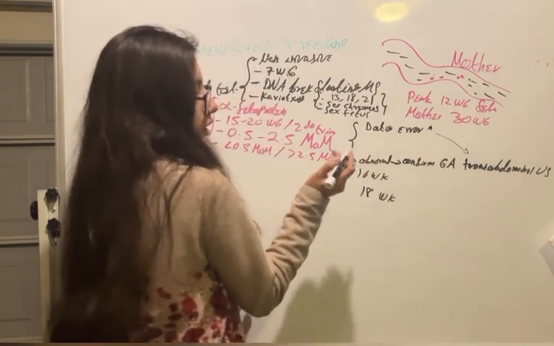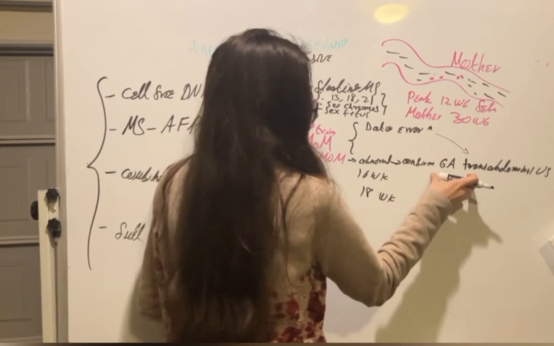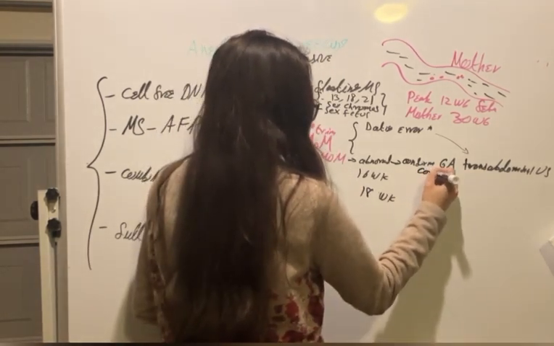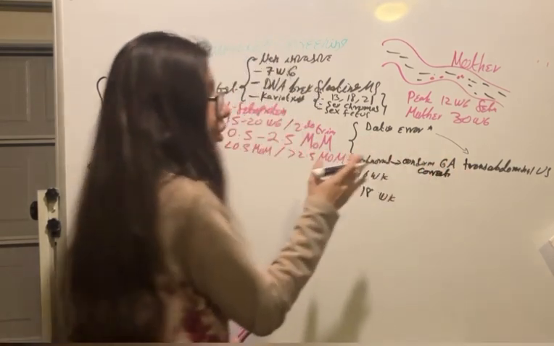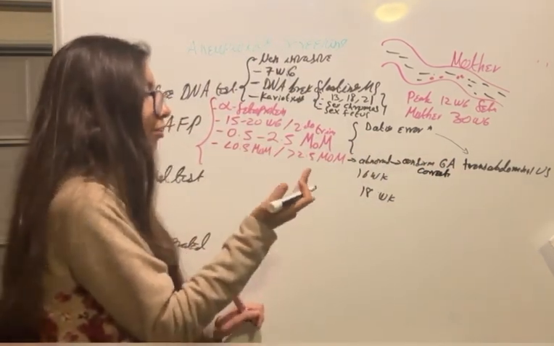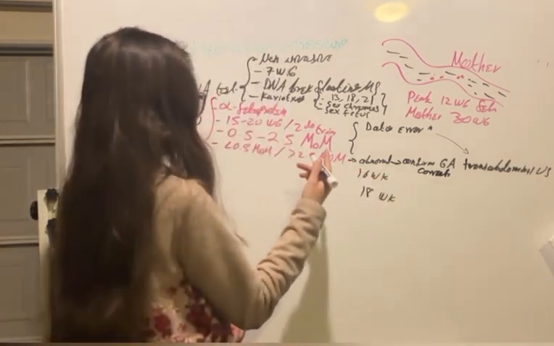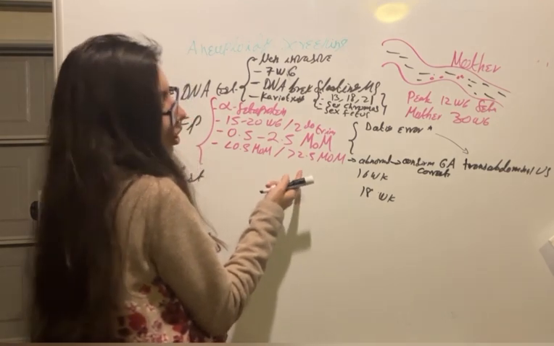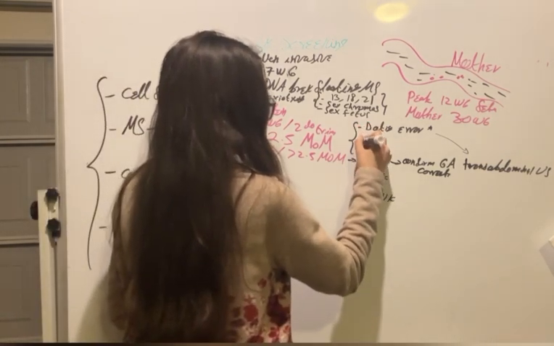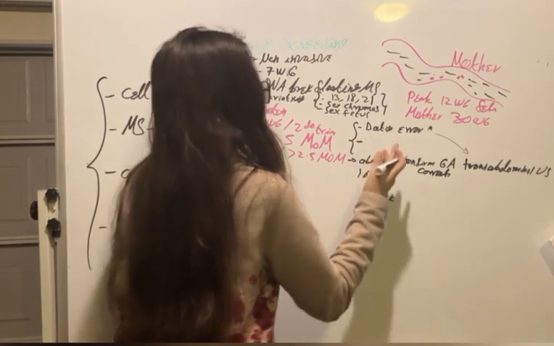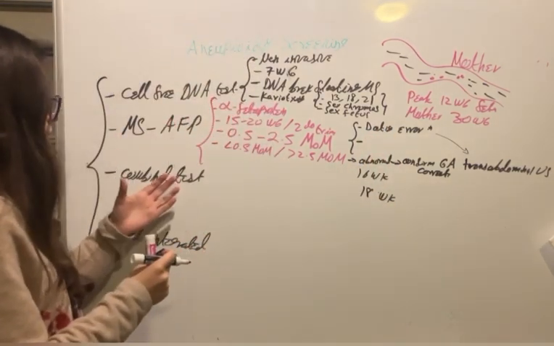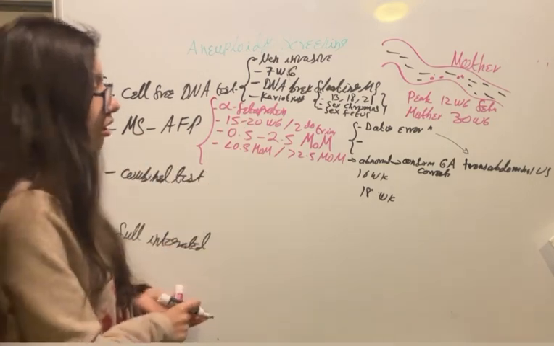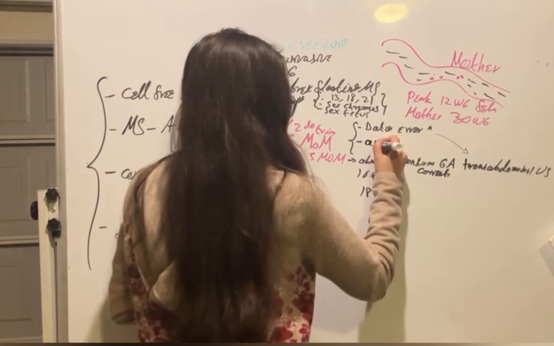If the gestational age by transabdominal ultrasound is correct, so this is not a dating error, then this is abnormal. If this is abnormal, for example, if this is higher than 2.5 multiples of the median, then we can combine the maternal serum alpha-fetoprotein test with amniocentesis.